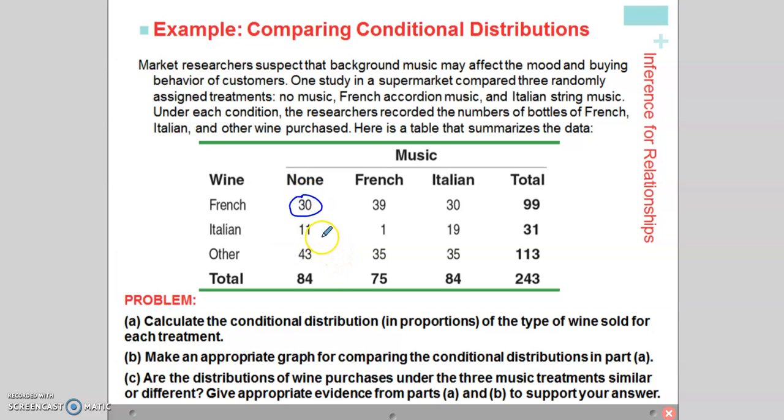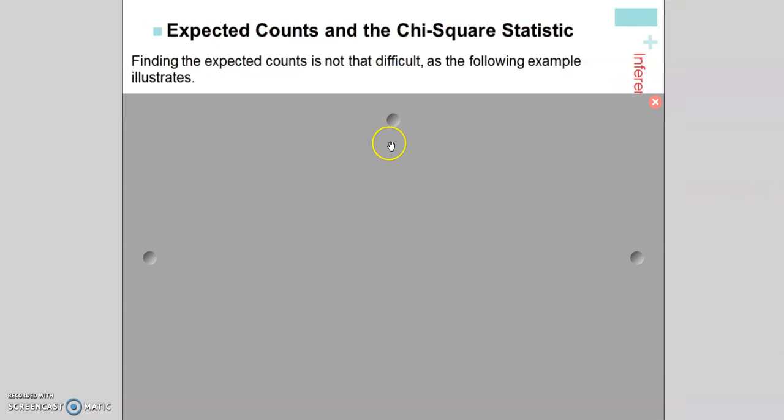One of the key differences in 11.2 is I don't have some preconceived percentage that I am using as my null hypothesis for each type of wine. Instead, I'm saying that this arrangement is the same as this, is the same as this, is the null hypothesis. So how do we find the expected counts?